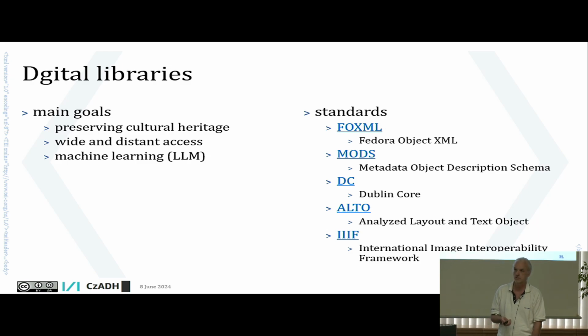And in the last few years, they can also be used for machine learning. Digital libraries use a lot of standards. We had a presentation this morning about this, so I can skip it.